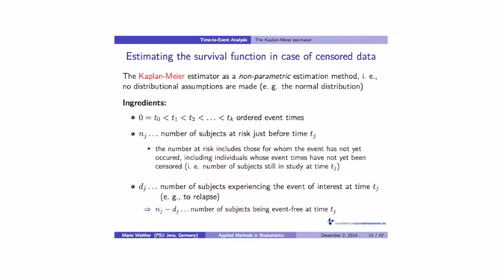what do I need? First I need the event time, the time where the event occurred, which is stated mathematically or in symbols with t0, which is equal to 0. t1 is the time where an event occurred. t2 is the next time where events occur. t3 maybe is the third time where events may occur, and so on and so on.